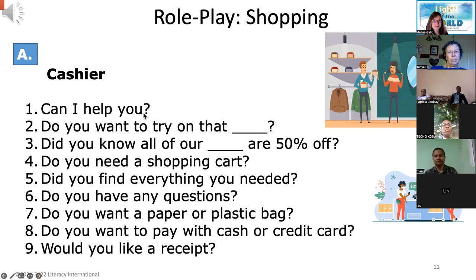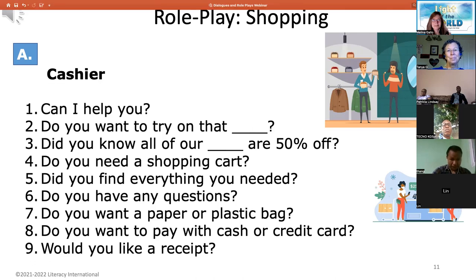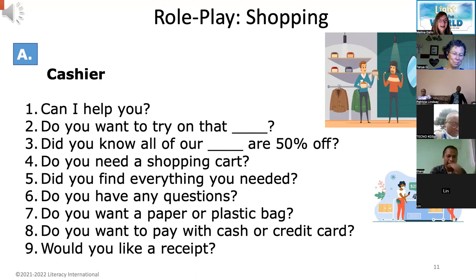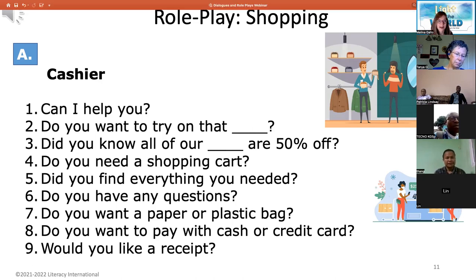And then the person who's playing the customer has to come up with something like, "Yes, I want to buy a black dress." Or yes, I need to buy bread or whatever it is. They have to decide what that is. And then based on those things, they're going to try having this conversation back and forth.